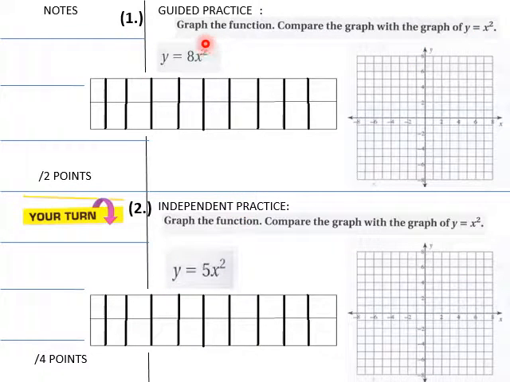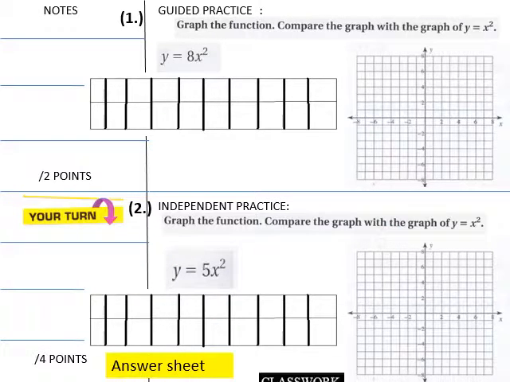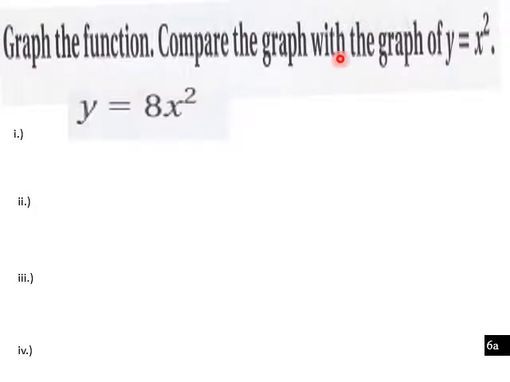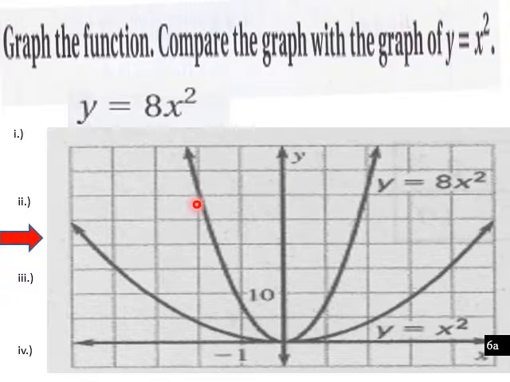Here's our first guided practice, graph the function. Compare the graph of our parent quadratic, y equals x squared, to y equals 8x squared. And then down here, students, this is for you. I will let you use a graphing calculator with this if you wish. Either way, compare the graph y equals x squared to y equals 8x squared. So here's your comparison. Here's your y equals 8x squared.